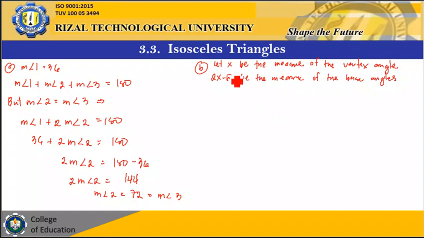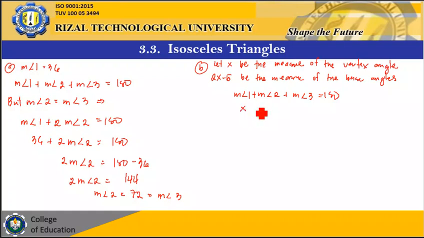Okay, so again, we know that the sum of the interior angles of the triangle is equal to 180, so that the measure of angle 1 plus the measure of angle 2 plus the measure of angle 3 is equal to 180. Okay, and just plug in. Let's say that x is the vertex angle from the given illustration.